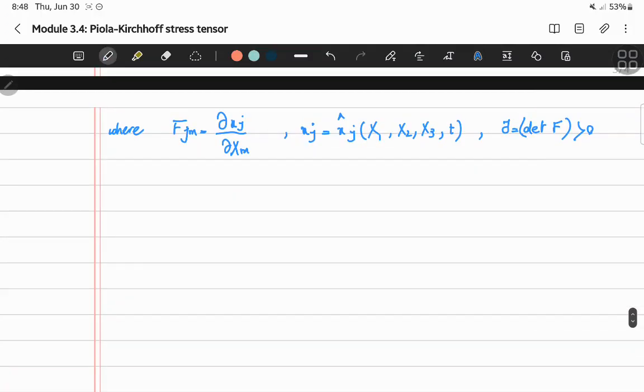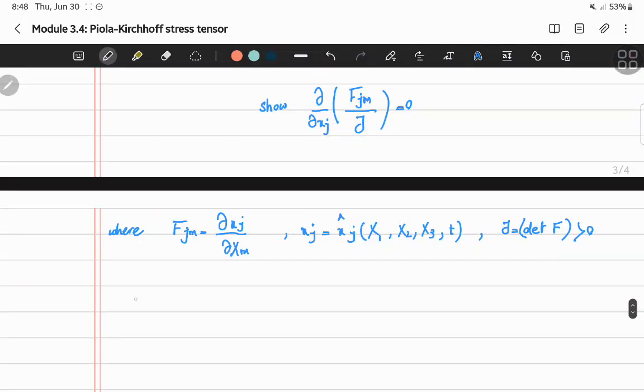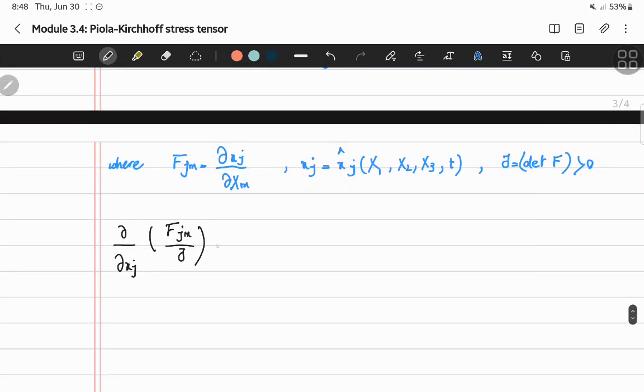Right. So if I write this here, we have the partial derivative of Fjm divided by J, with respect to xj. So if I take this derivative with respect to small xj, then I have the derivative of the first term in here. So I have the partial derivative of Fjm with respect to xj times this, so it's 1 divided by J, plus the derivative of the second.